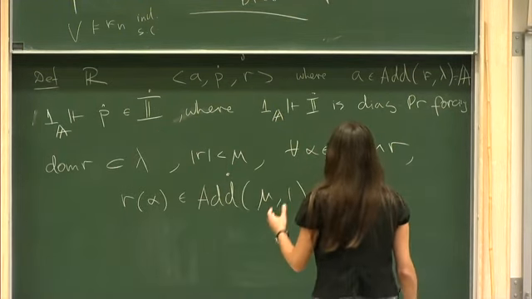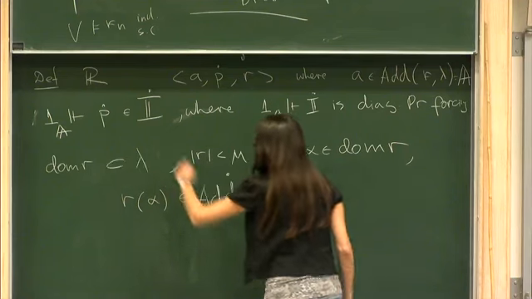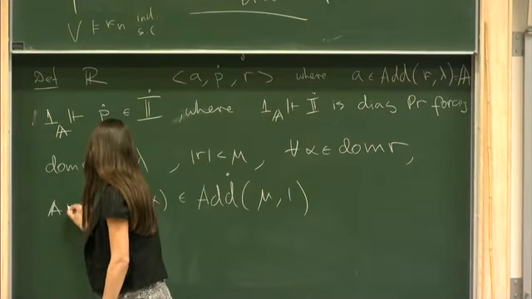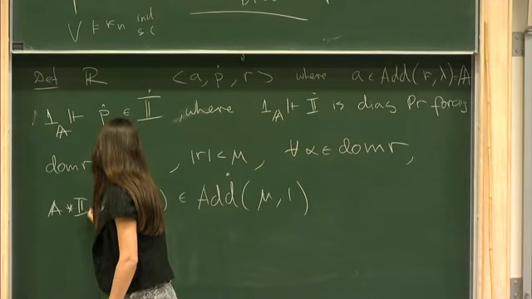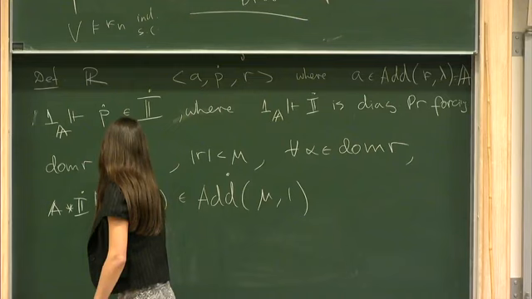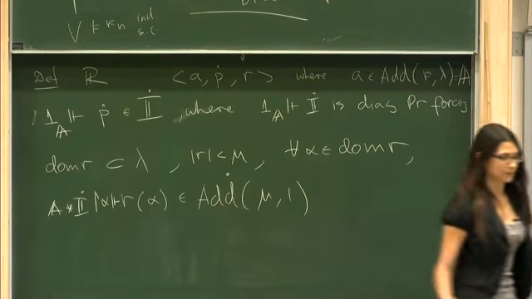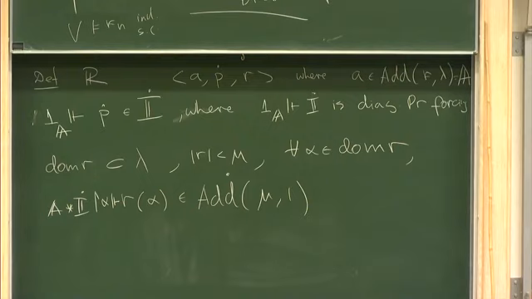Well, here we have to take Add star the Prikry restricted to alpha. The empty condition of that poset will force that R of alpha is in Add(mu, 1).